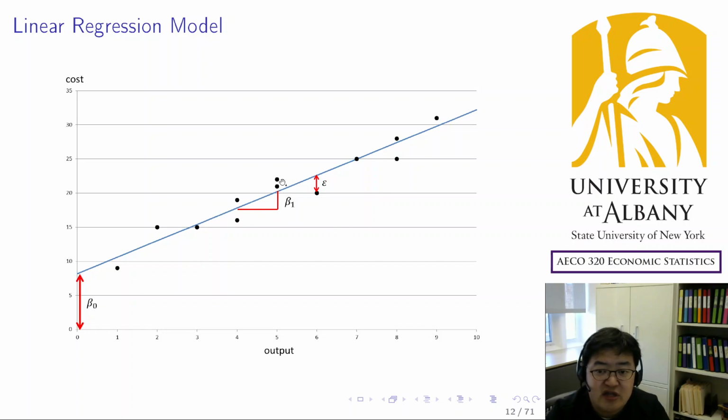And the deviation of an observation from the trend line is the error term. The error is the difference between the truth and what you observe. So your observation is contaminated by the error term this much. Your error could be negative or positive. Some observations could be above the line, some below the line.